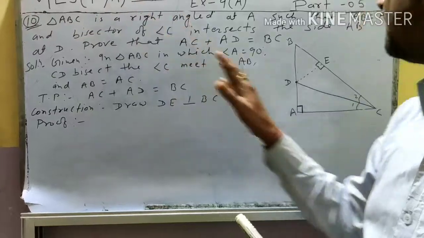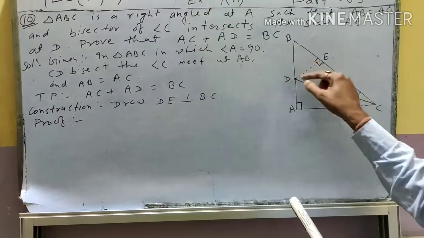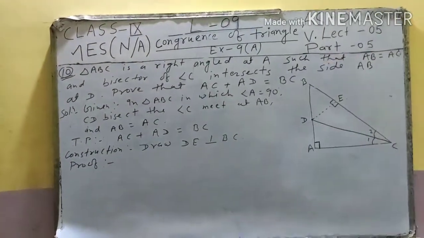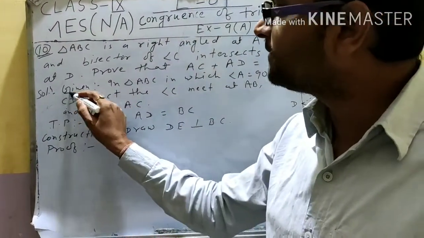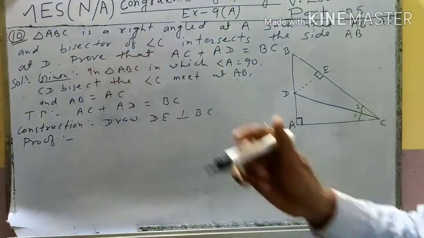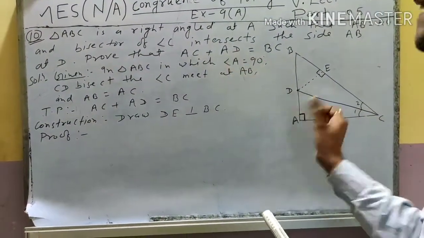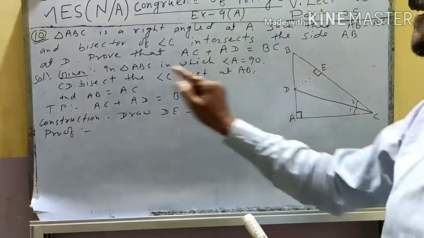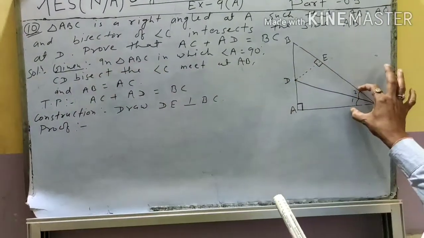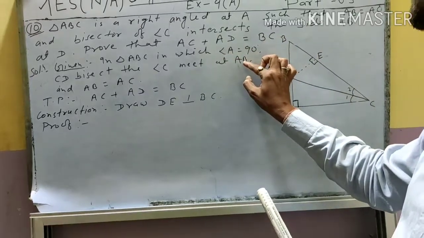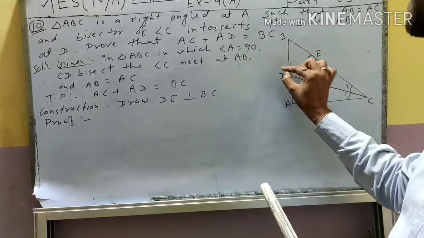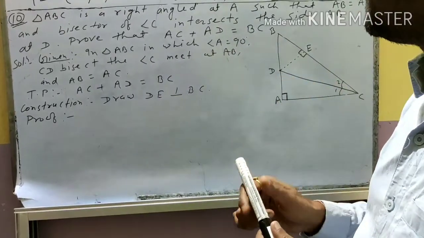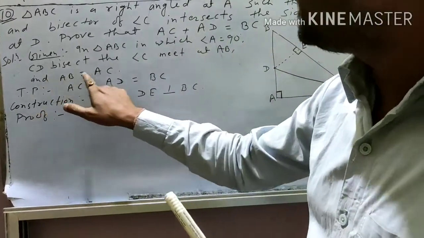Okay, this is the question and this one is the figure. Here one thing, student, construction: DE perpendicular to BC. So first of all, what is the given information? In triangle ABC, angle A is 90 degrees, this line CD bisects the angle C and meets AB, and AB is equal to AC.